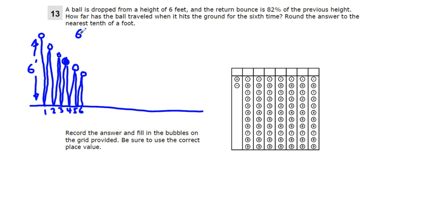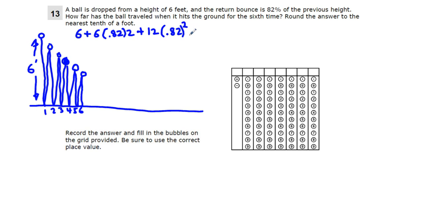And so you're going to have 6 plus 6 times 0.82, and you're going to have to multiply by 2 because you have the up and down. And so I'm going to now combine these and make these 12 because 6 times 2 is going to be the same case for all of these. So that's 1 bounce, 2 bounces. So I'm going to put 12 times 0.82 squared.